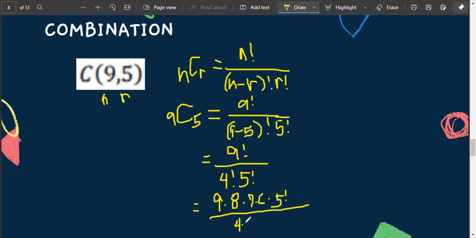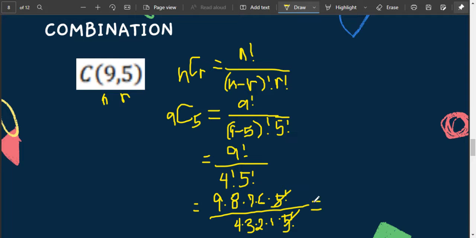I-expand na natin yung 4. That will become 4 times 3 times 2 times 1 times 5 factorial. Hindi na natin i-expand yung 5 factorial class kasi pwede na siyang i-cancel dito. Okay? Pwede na siyang i-cancel.